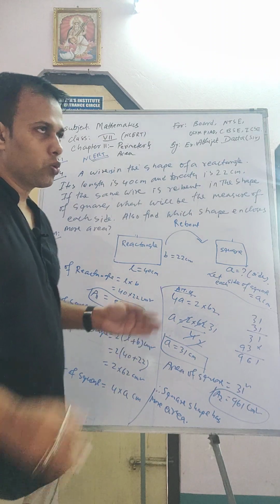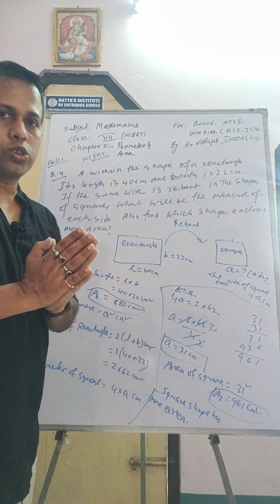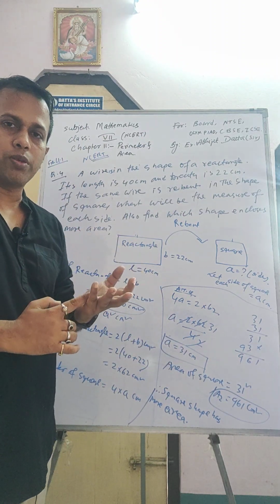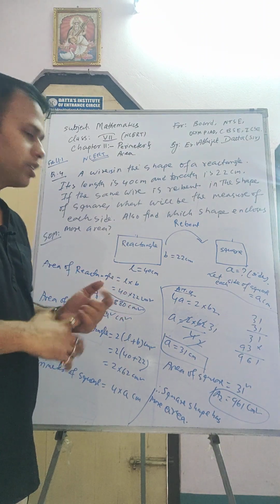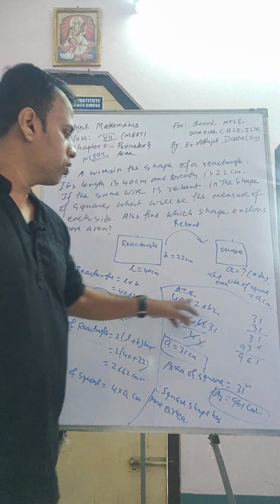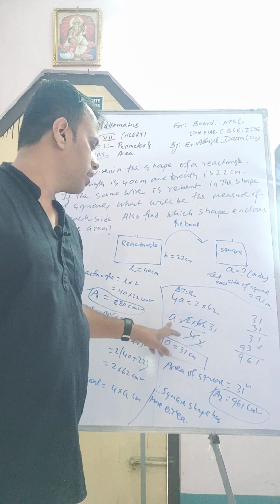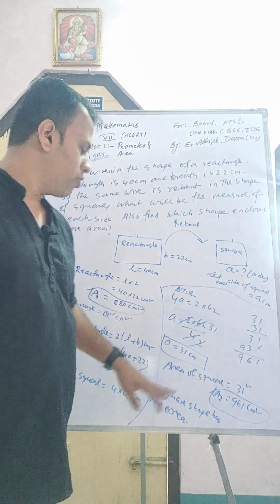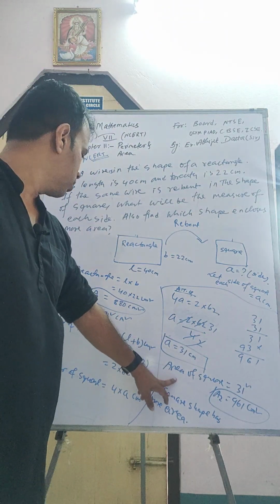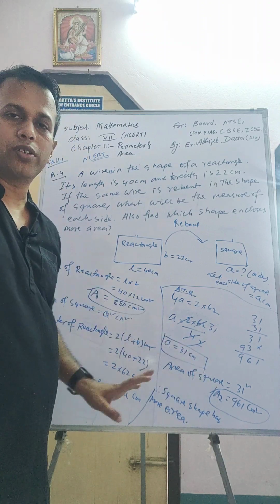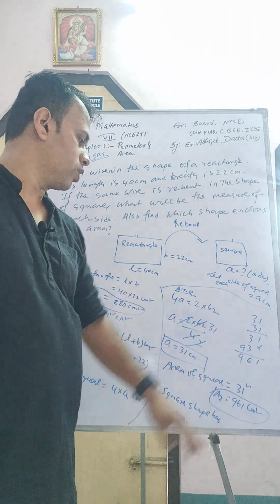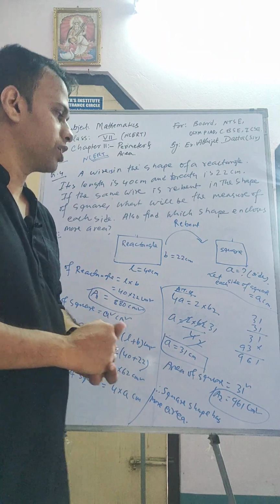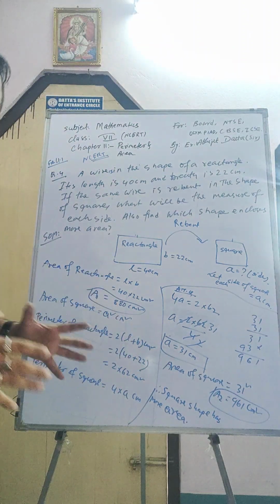Since the same wire is used for the rectangle and the square, the perimeters are equal, so 4a equals 2 into 62, and a is 31 centimeter. Now the area of the square is 31 square, which is 961. So the square shape encloses more area.